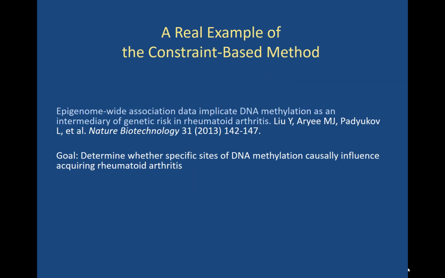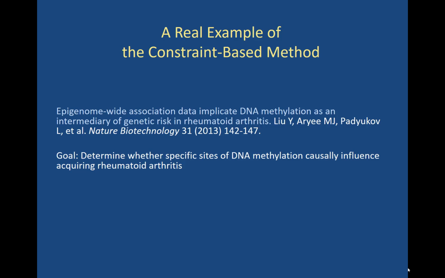Let me now consider a real example of using this constraint-based method that's taken from the paper shown here, titled Epigenome-Wide Association Data Implicate DNA Methylation as an Intermediary of Genetic Risk in Rheumatoid Arthritis. The goal of this paper was to determine whether specific sites of DNA methylation causally influence acquiring rheumatoid arthritis in humans.